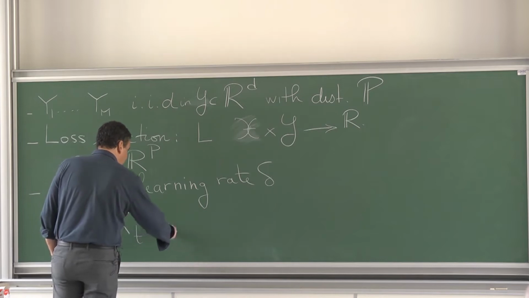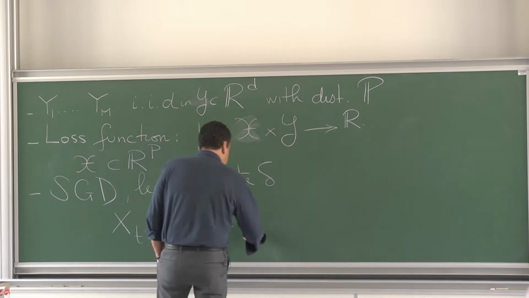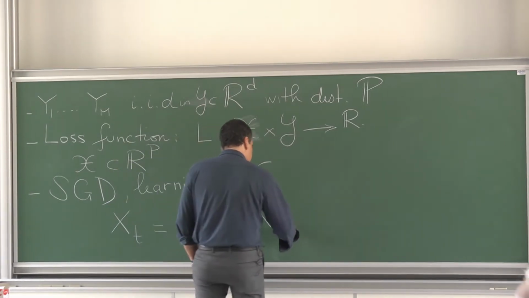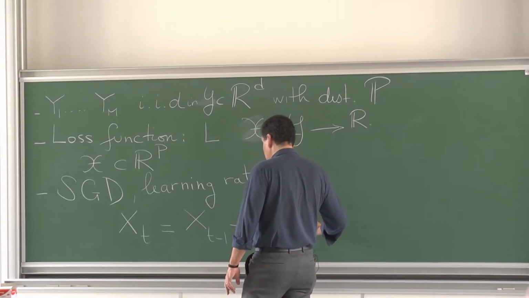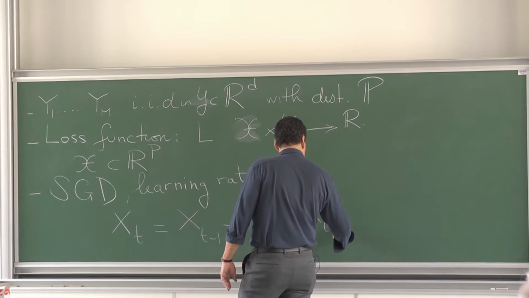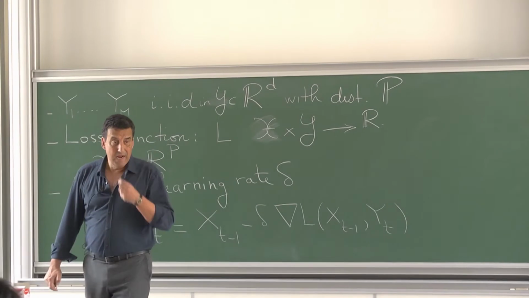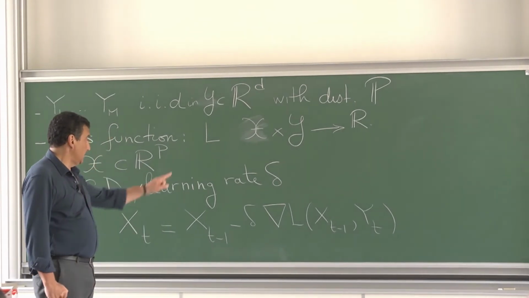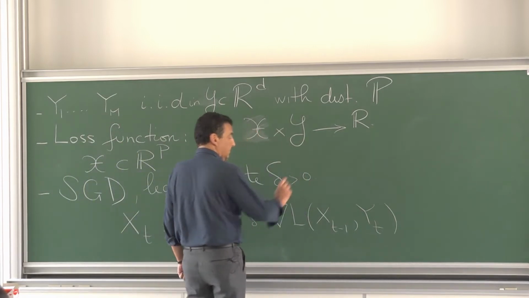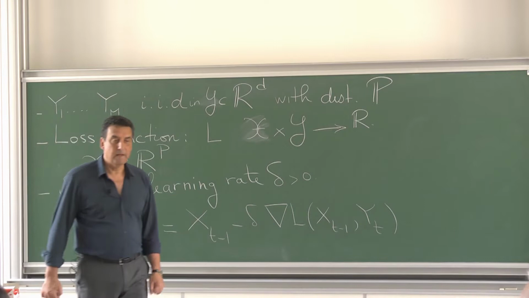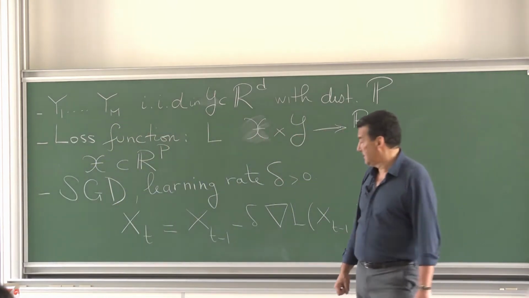So in discrete time, it will be x_t is x_{t-1} minus delta grad L of x_{t-1} and of y_t. Delta is a positive number. You will see, it plays a big, big role.